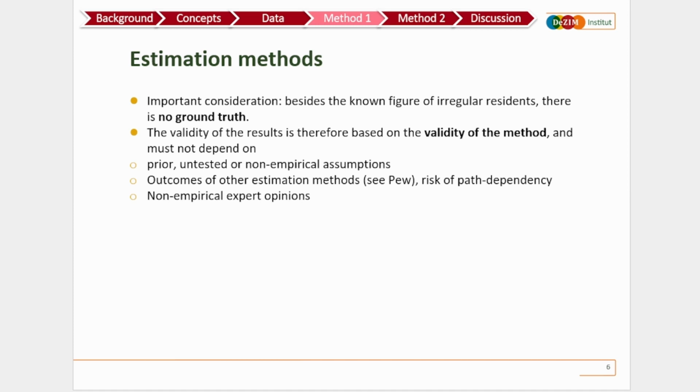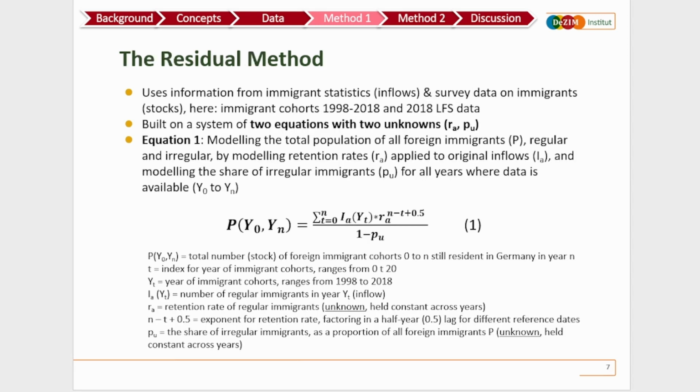With this first equation here showing you the total number of immigrants, that is P, between year 0 and year N. So you choose from available data the time period that you have. For us, it was 98 to 2018, so a span of 20 years. And the total number of foreign citizens resident in Germany here is simply the number of inflows per year.